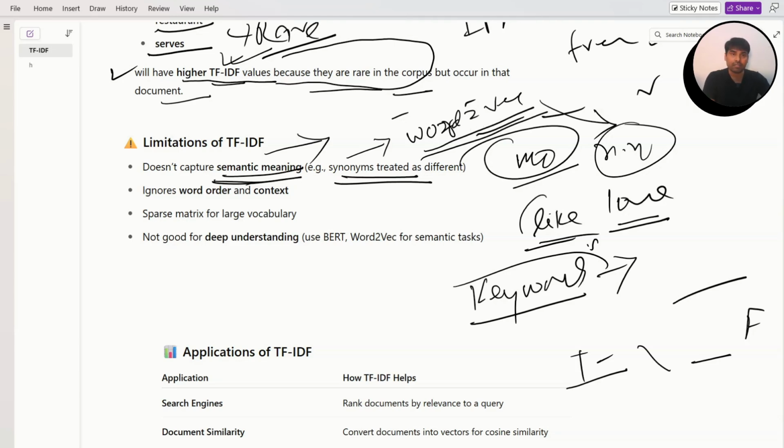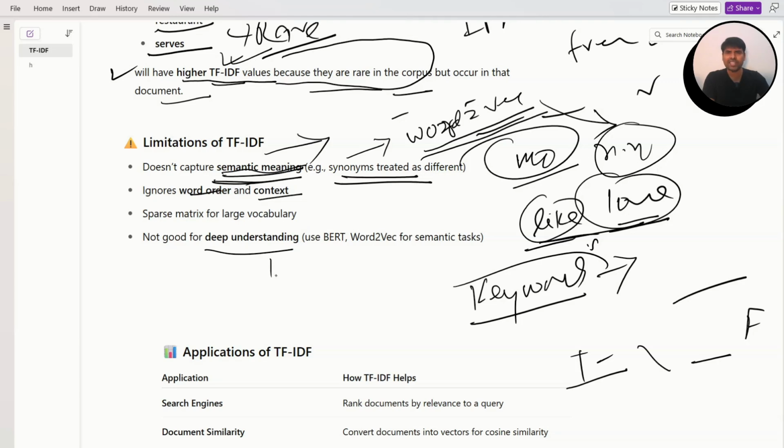The words like and love are close to each other. How it works is a different topic and I'm not going to cover that, but it has limitations. It is not able to maintain the order context, and it is not good for deep understanding. Again, it has a lot of limitations.